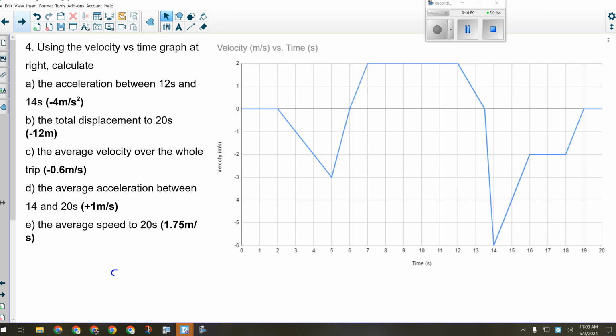On a velocity versus time graph, the formulas available to you contain acceleration, velocity, and time, as well as these, and v equals d over t, the scalar version. But we have to remember that they are average speed and average velocity, which means total displacement and total time. So if we're looking for displacement, I want to use average velocity times time.